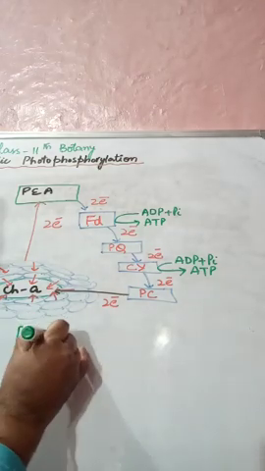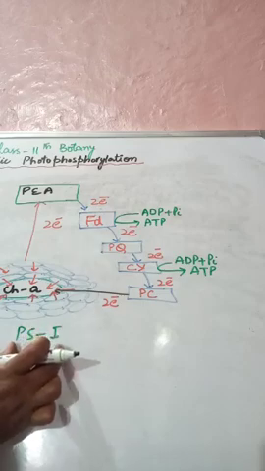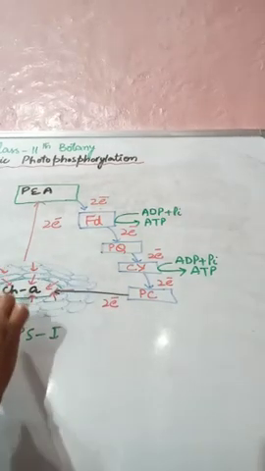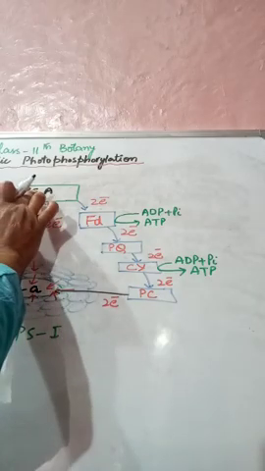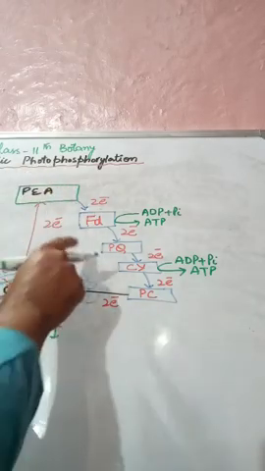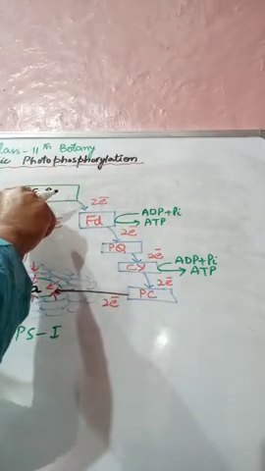But in this case, it only involves photosystem first. When a pair of electrons gets excited, it is accepted by the primary electron acceptor. Then we will see it is at a higher potential energy.